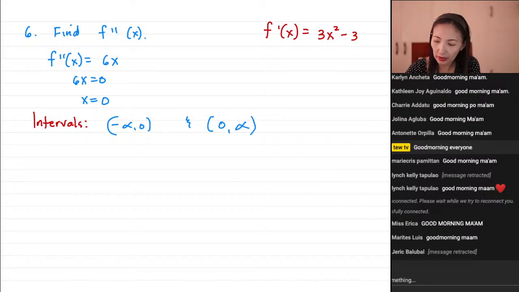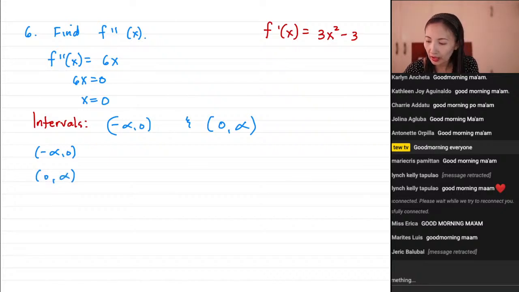How did we identify this? First, we calculated f double prime and then set it to 0, and then solved for x. Then we identify the intervals to the left and to the right of that x value.